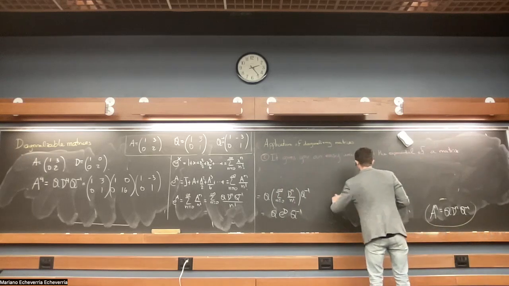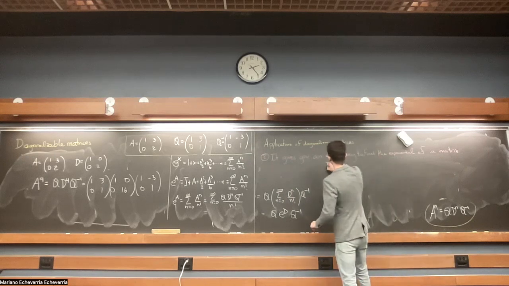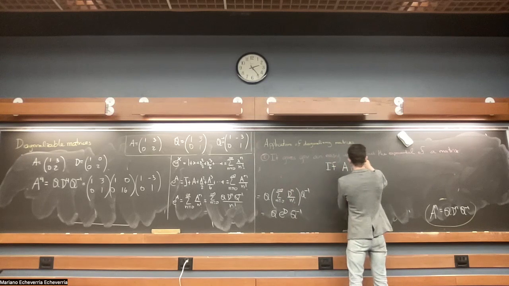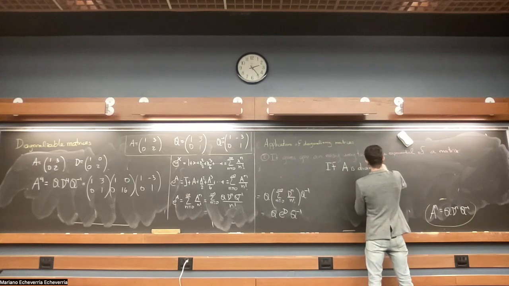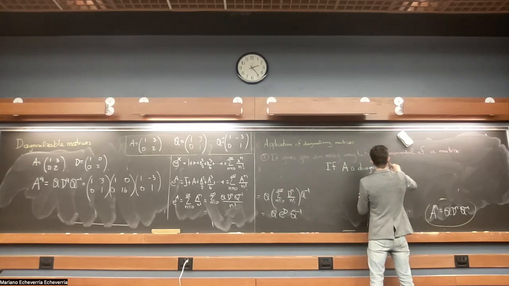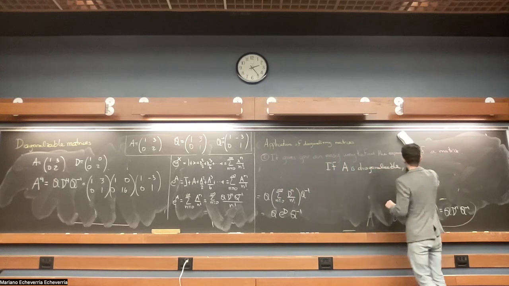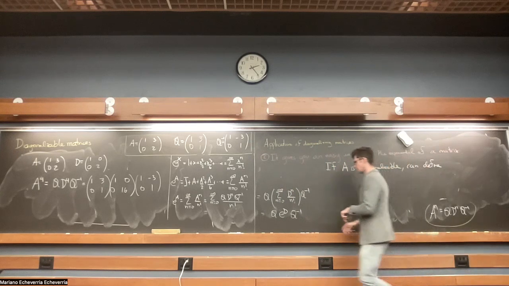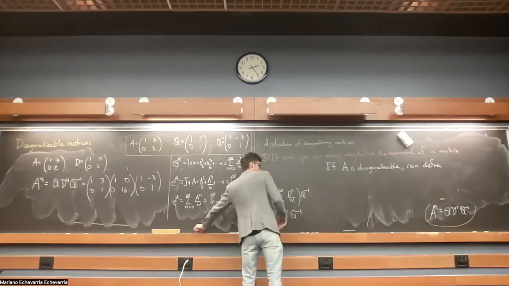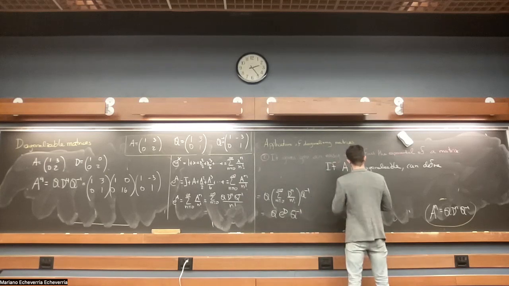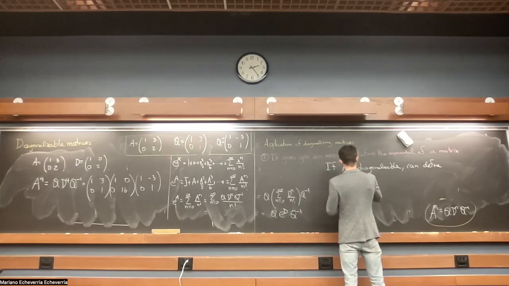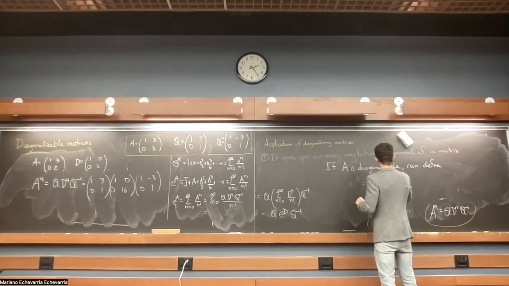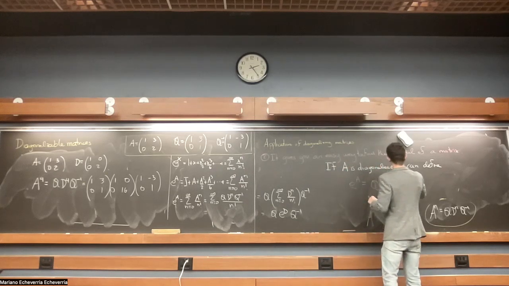So if A is diagonalizable, one way to define the exponential, you can define e to the A as Q e to the D Q inverse.